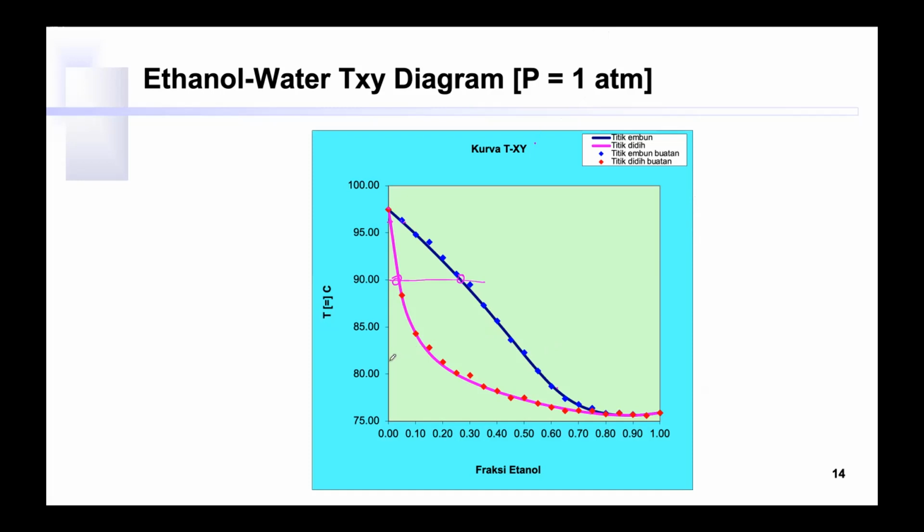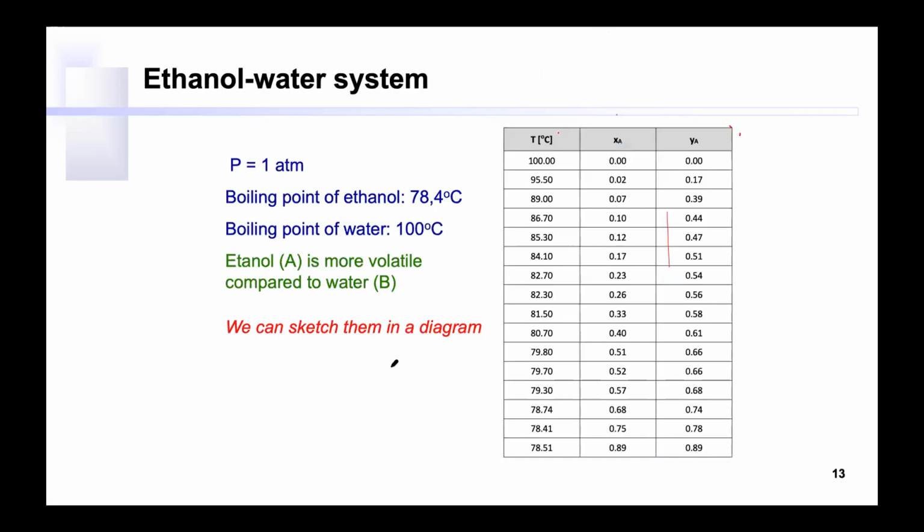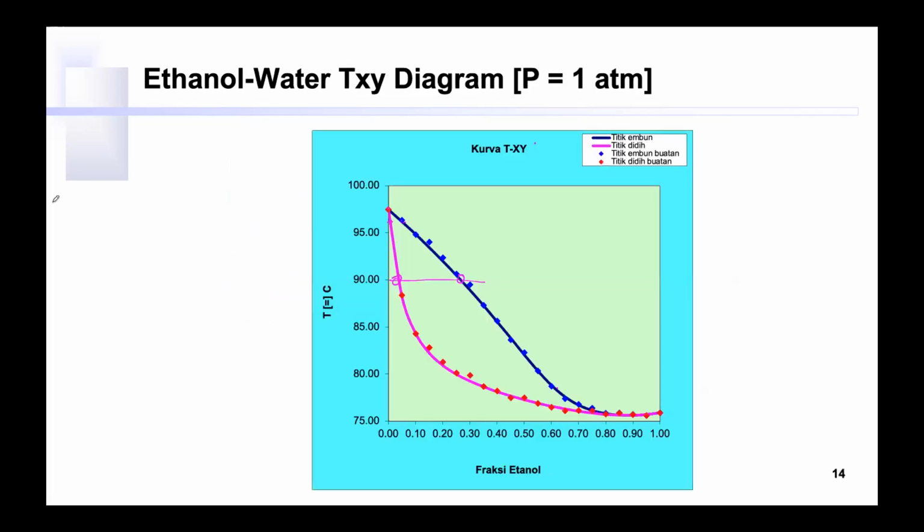Damalia, what should I do if I want, for example, this one at 80.7, the XA is 0.4 and YA is 0.61. Can you point out what is it when the temperature is 80.7? So which one? This one? It's near the ideal.